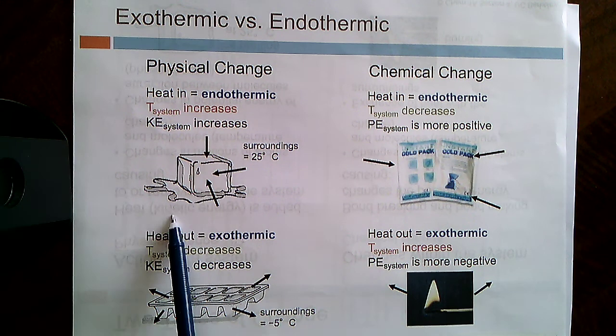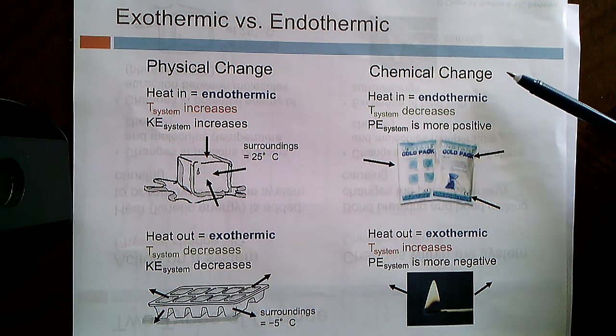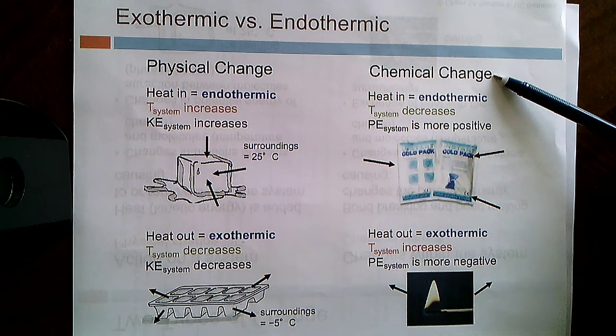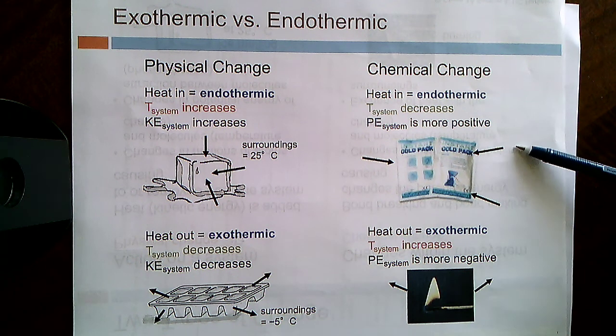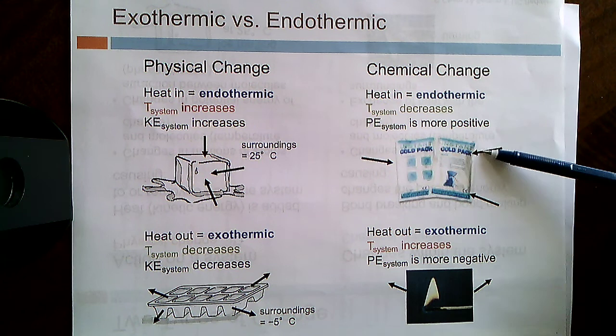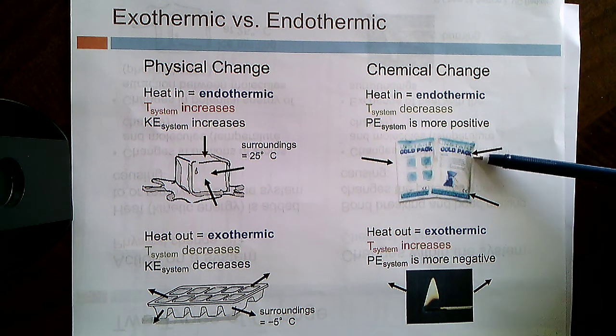That's an example of an endothermic change. That's a physical change. A cold pack is an example of a chemical change that's endothermic. There's actually a chemical reaction happening in the bag, and heat is flowing from your hand, let's say, into the bag. That's why it feels cold. Heat is being transferred into the system.